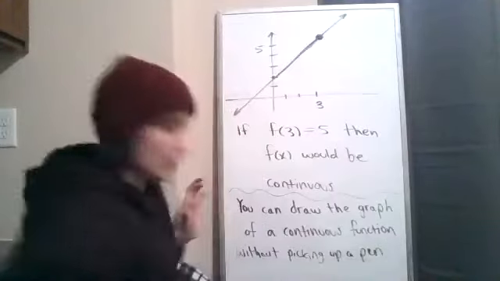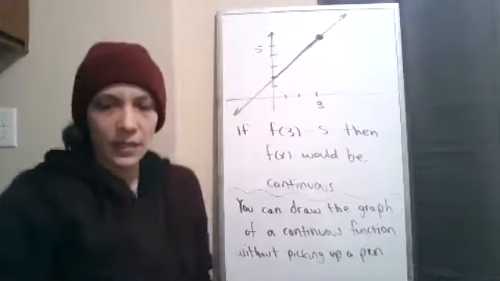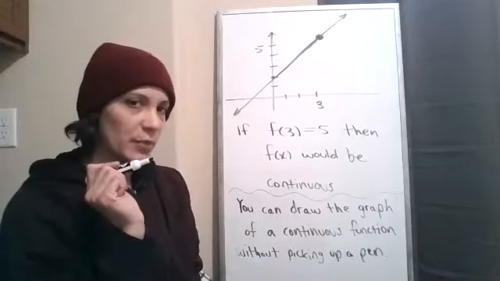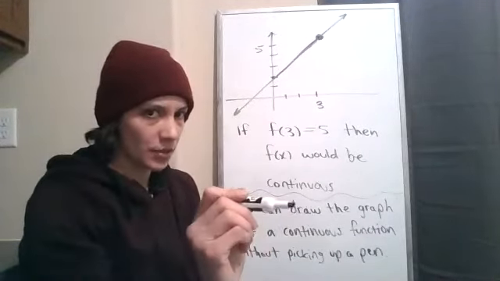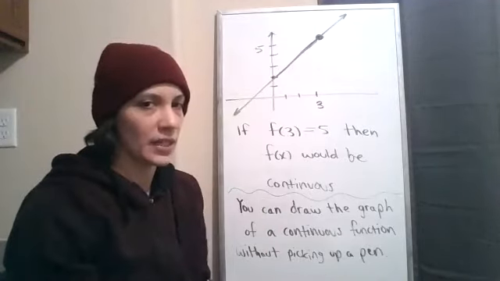I think that works. Okay. If you do draw the function and you have to lift your pen off the page and then go back to the page and keep drawing, there's a discontinuity there.